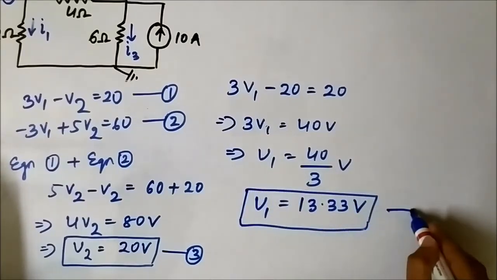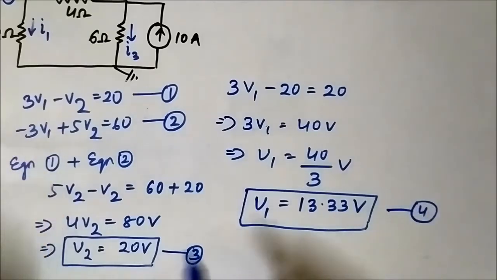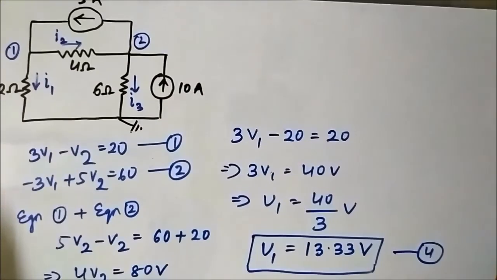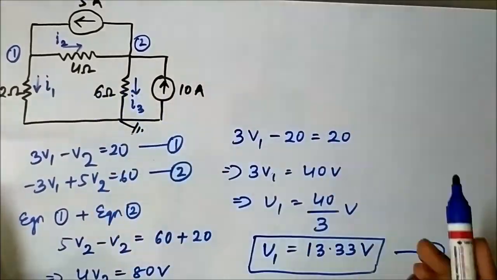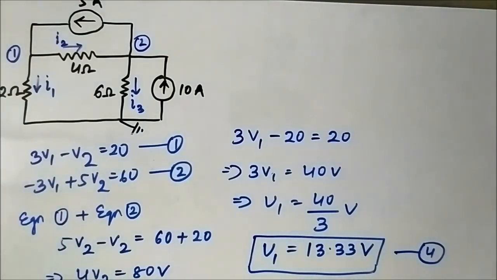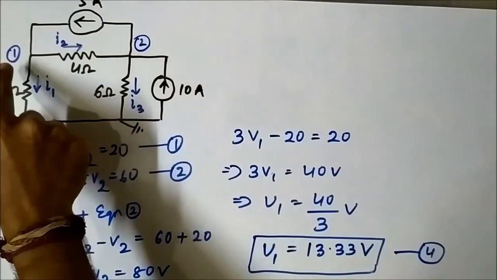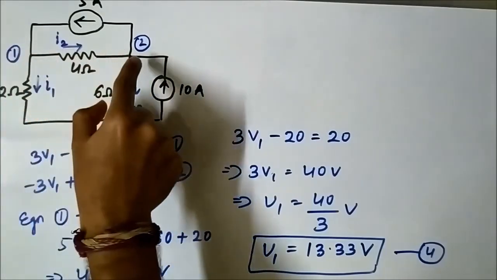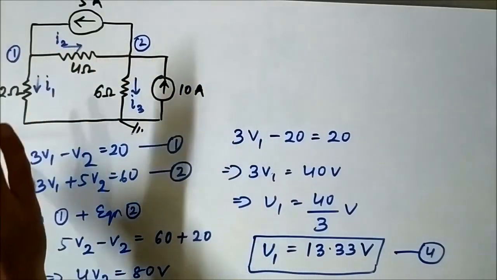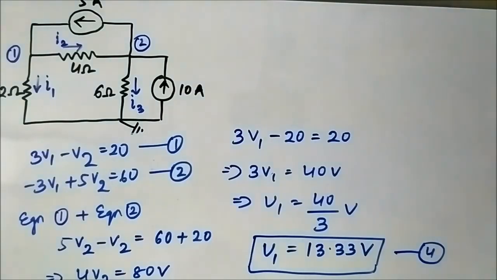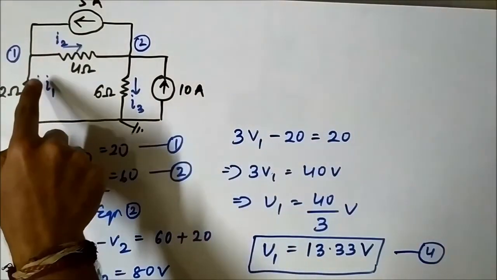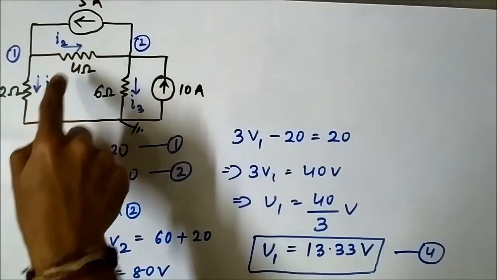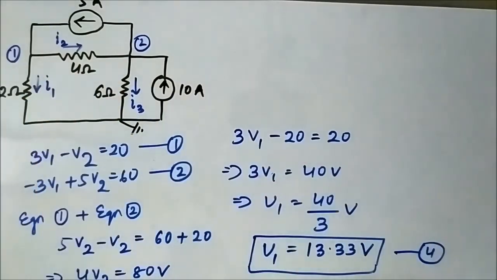So we have found the value of both V2 and V1, the two nodal voltages. Again, let us have a quick recap of what we did. First, we assigned nodal voltages to these two points. We identified the two nodes and assigned two nodal voltages V1 and V2. Then we assigned arbitrary currents to the branches 2 ohm, 4 ohm and 6 ohm.